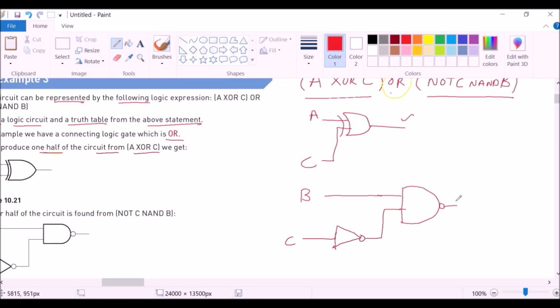Then these outputs will be connected through an OR gate. So this circuit is not C, NAND B.